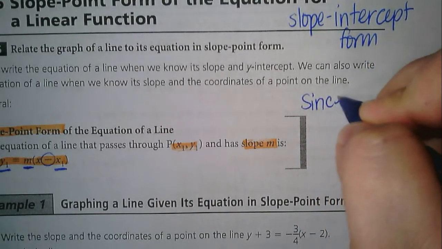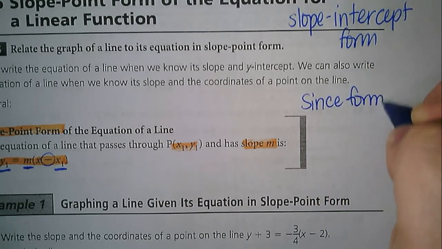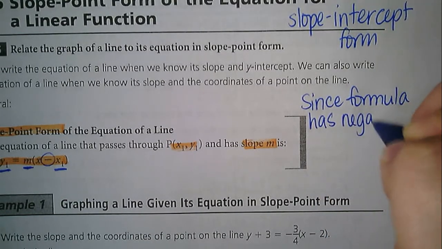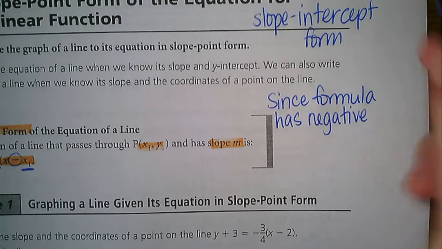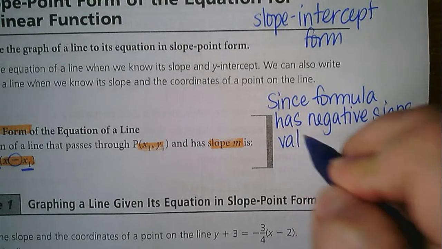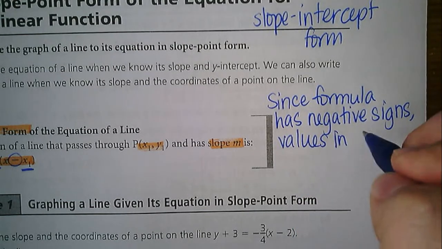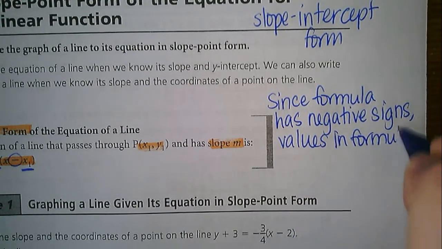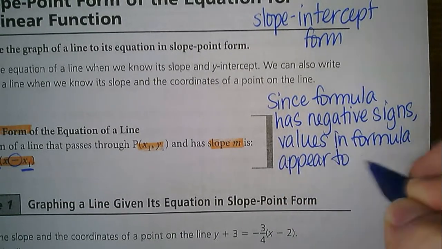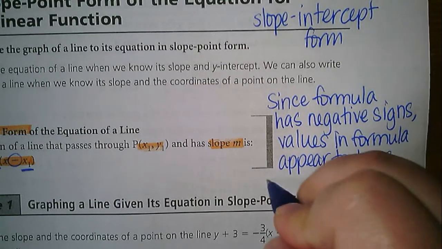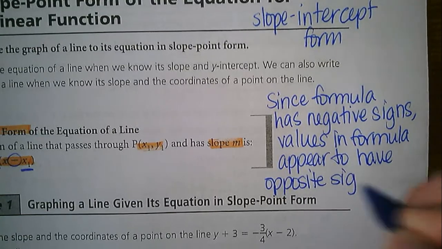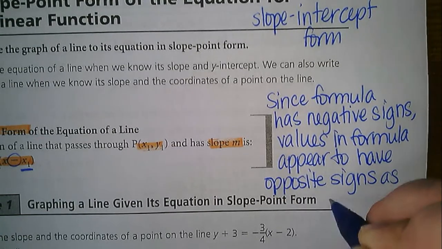We can say that since the formula has negative signs, the values in the formula appear to have opposite signs as the actual value.